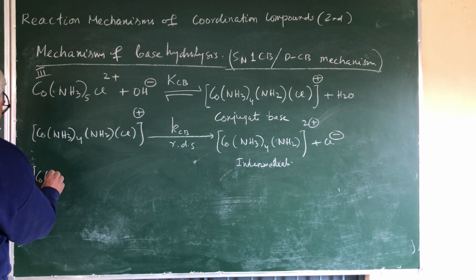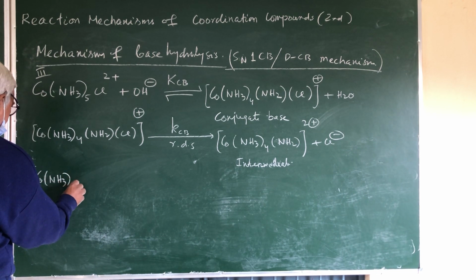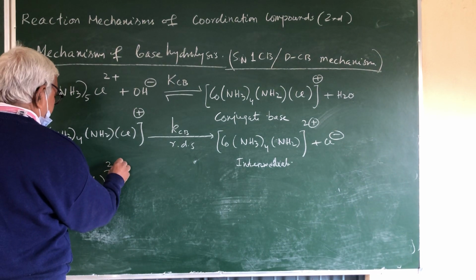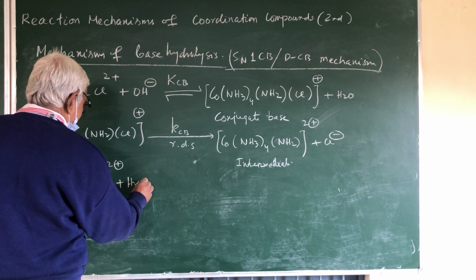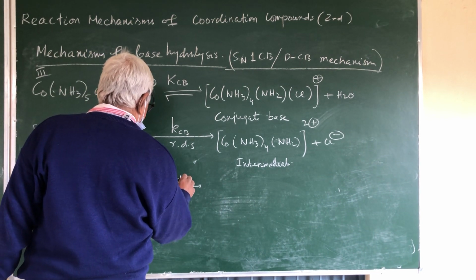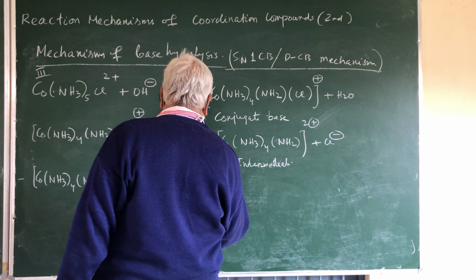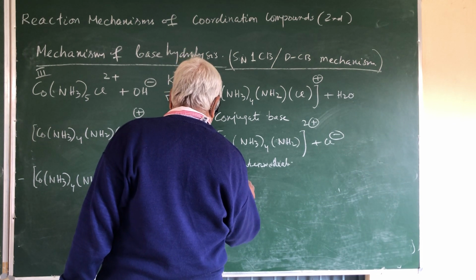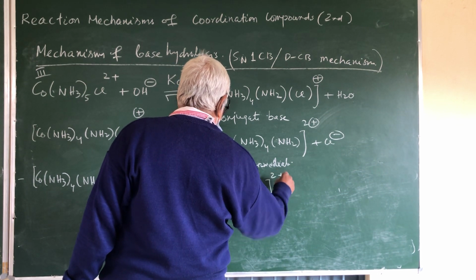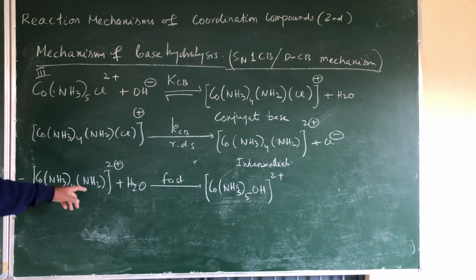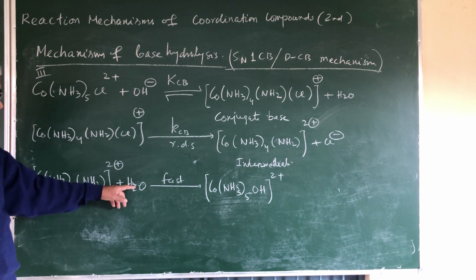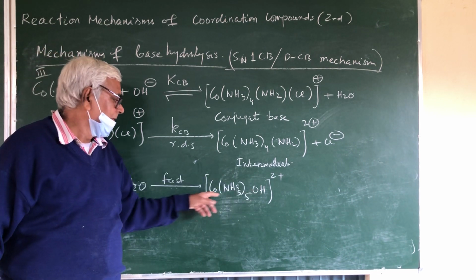This will combine with water very fast, and you get this, the product. Because from water, amide takes a proton, producing ammonia, and OH minus hydroxide ion is attached here. So this is the product.